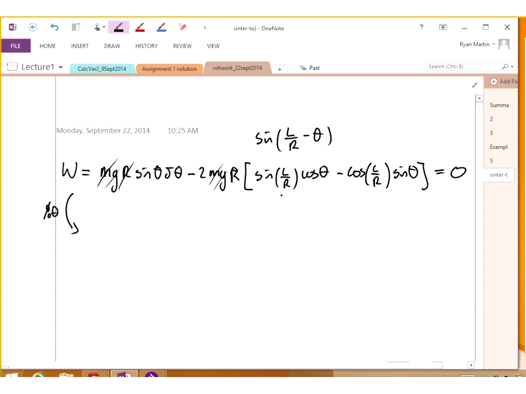Then we have minus 2 times sine of L over R plus 2 times cos of L over R tan theta.